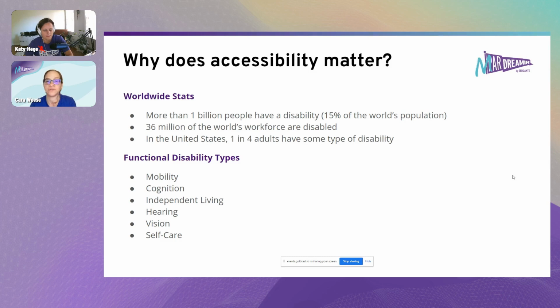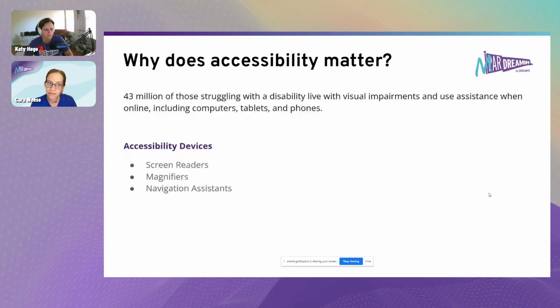36 million of the world's workforce is currently disabled. And in the US, that's 1 in 4 adults have some type of disability. Any type of disability falls under mobility, cognition, independent living, hearing, vision, and self-care. Of the 43 million struggling with a disability, there are those that are visual impairments.